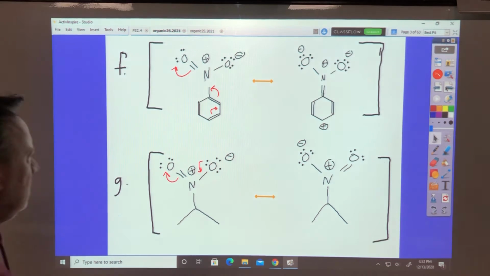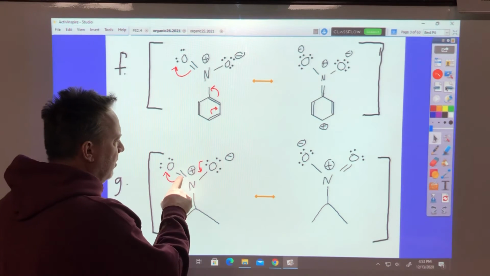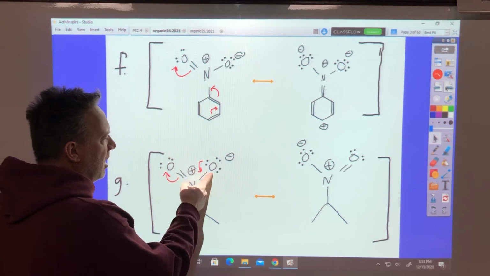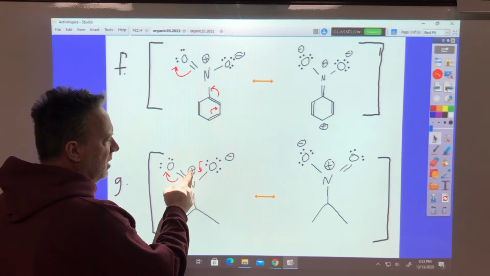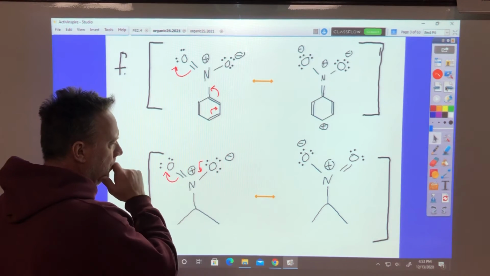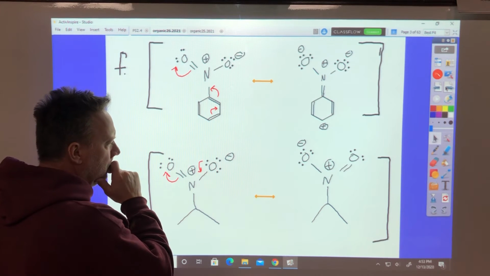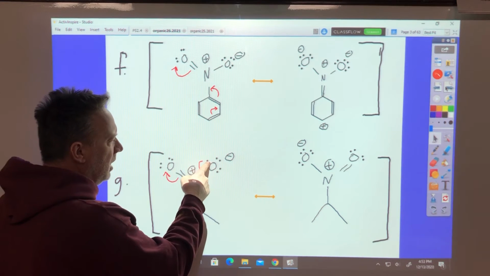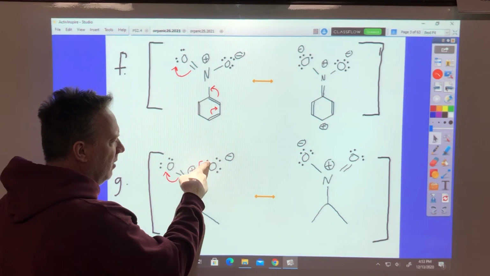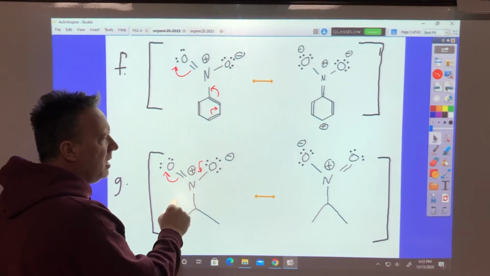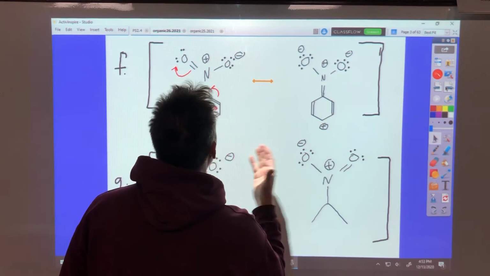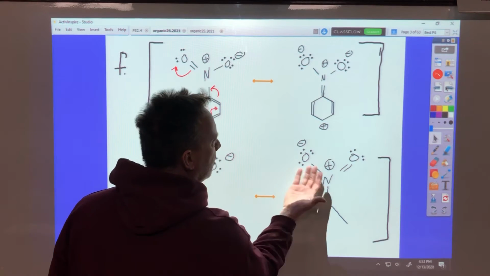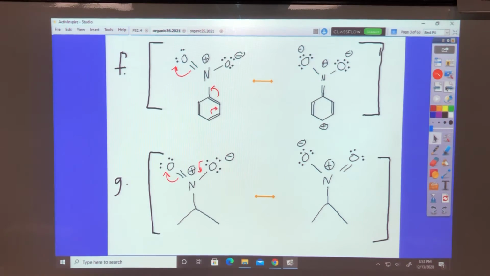Okay, on G, yeah, you could have a lone pair jump out of this double bond, but since this is already positively charged, you'd want a lone pair of electrons to go in here and make the double bond here, so that these 2 are opposites of one another. They're mirror images of one another. That's not an important thing, by the way, it just happens to be the case.